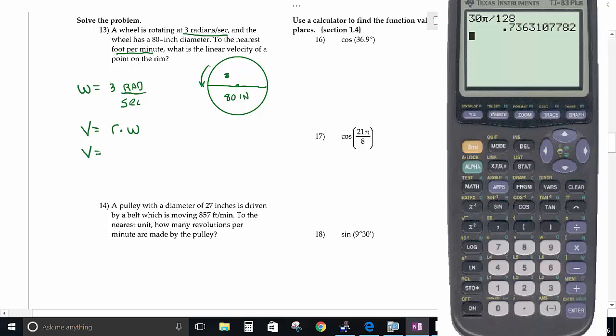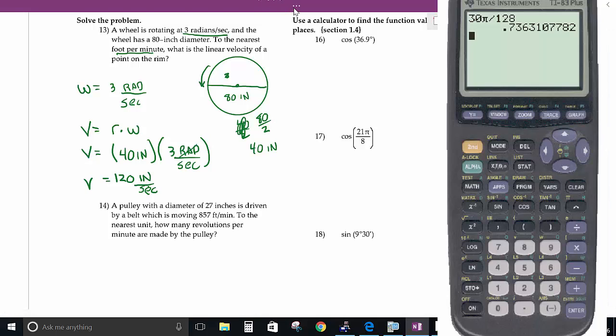So that's one formula we learned. Well, the radius is half the diameter. So if you cut that in half, see, I'm thinking ahead there, 80 divided by 2 is 40 inches. So we're going to take the 40-inch radius, and you're going to multiply it by the angular velocity, like that, and then you're done. So that would mean the linear velocity would be 120 inches per second. Now again, one of the things I want to stress is radians is not really a unit. So right now you're in inches per second.